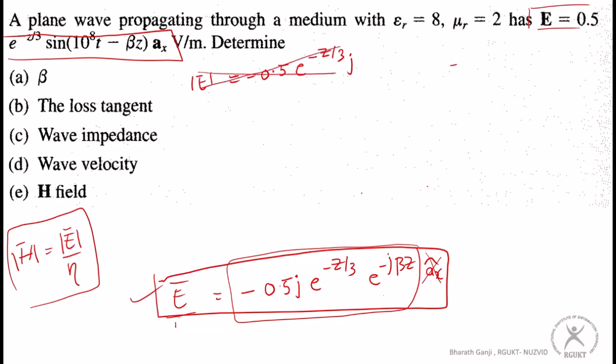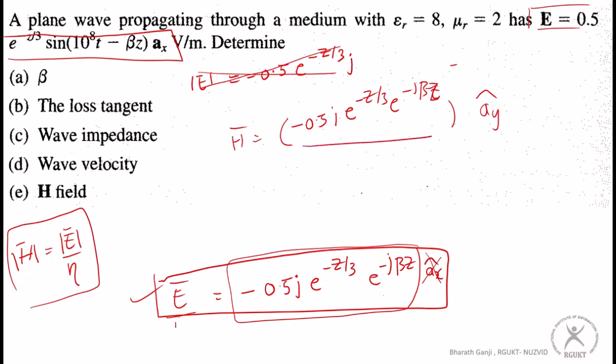So you have the electric field. In order to get the magnetic field, you need something here in the bracket, and you write the direction, which is a_y, which we have seen before, how to get it. This factor is whatever you have here divided by eta. So it is 0.5j e^(-z/3) e^(-jβz) divided by eta.